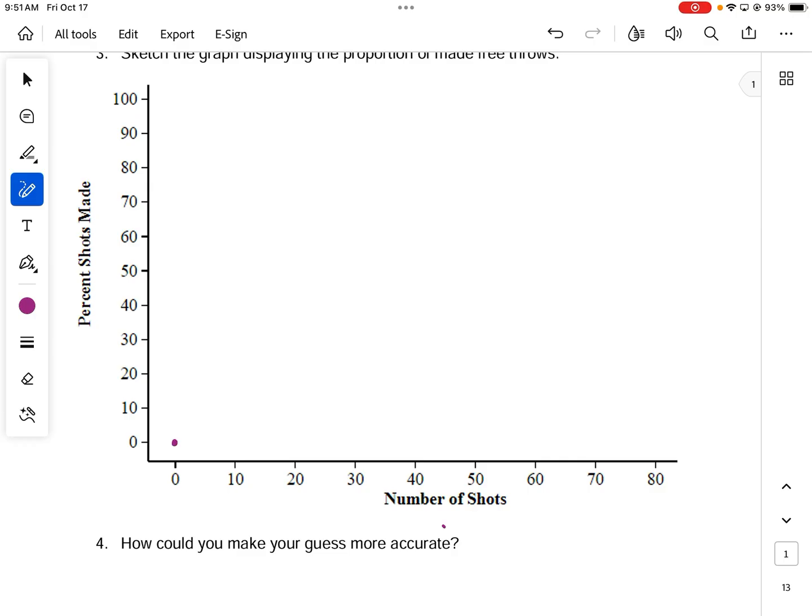And then the way mine worked is, after 5 trials, I still had 100%. So I'm going to put it like that. So it went kind of like this. And then around 10 trials, I was at 90%. But then at 20 trials, I was at 80%.